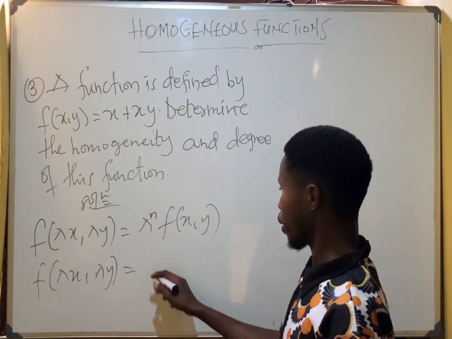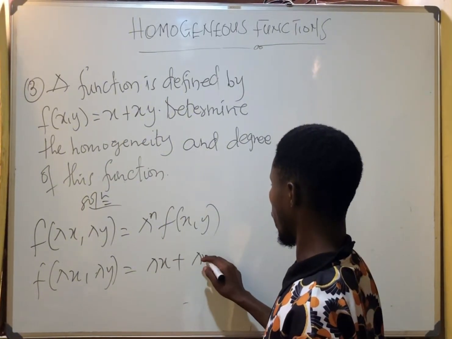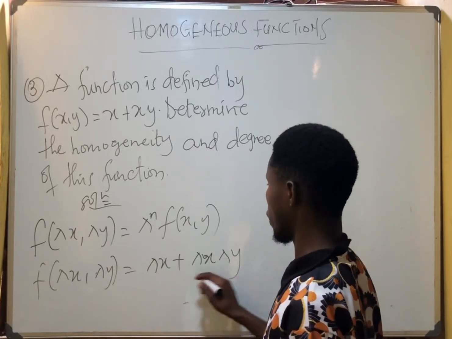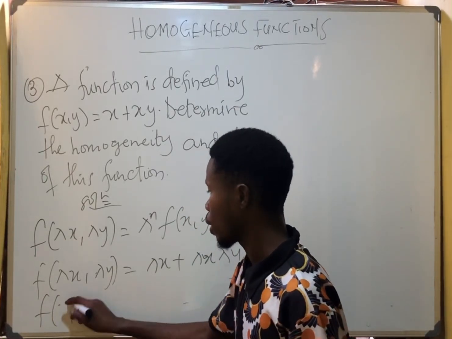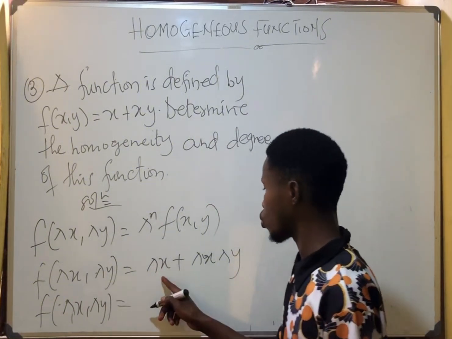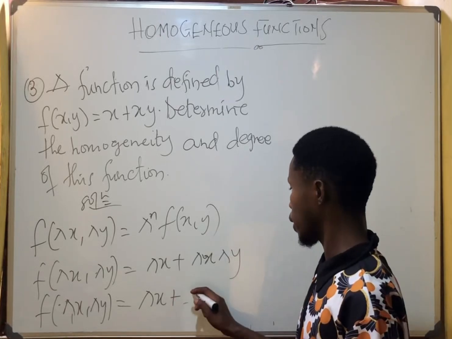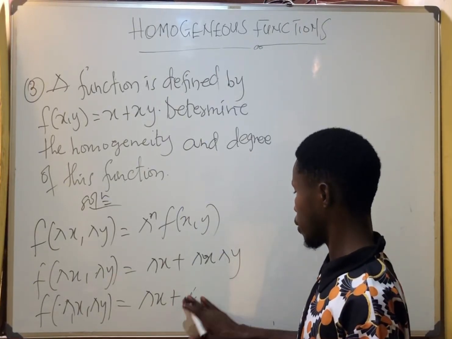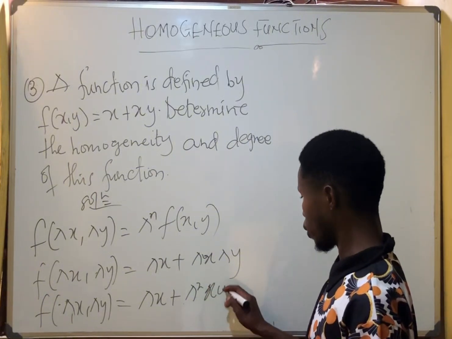wherever I see x, I put lambda x, plus 2 lambda x again, lambda y. So f of lambda x, lambda y is equal to, you realize that here I'm going to have lambda x plus 2 lambda squared xy.